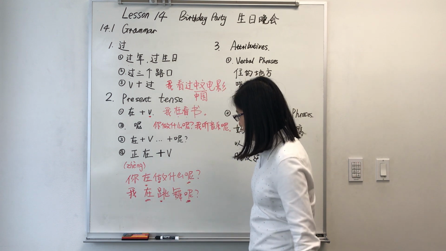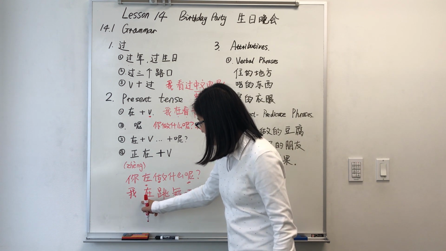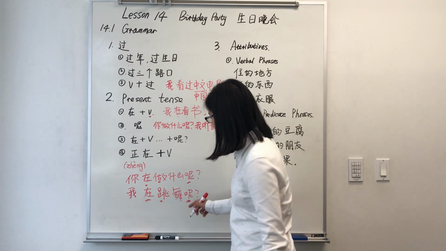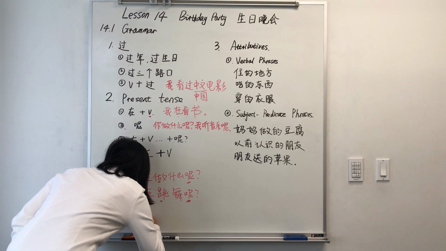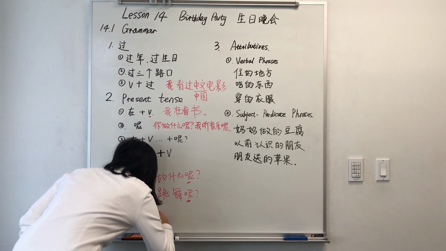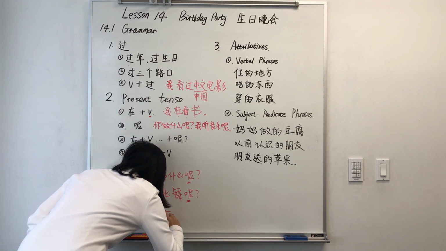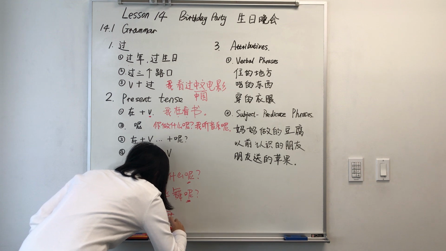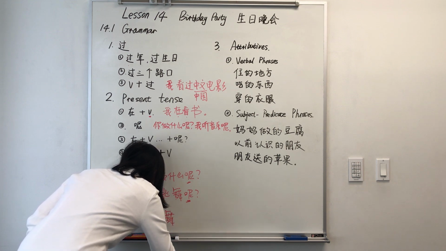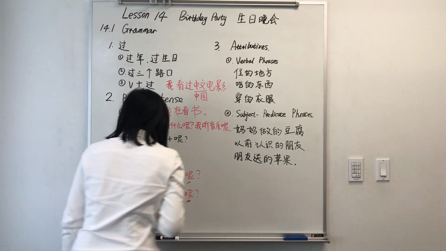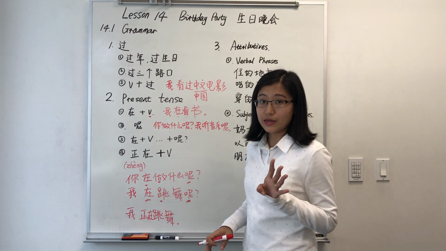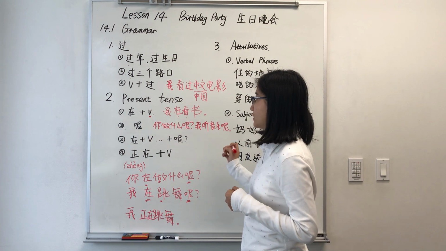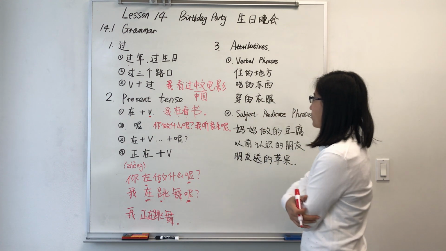For example, I can say 我正在跳舞呢 or 我正在跳舞, I'm dancing, or 我正在看电视, I'm watching TV. So these are the 4 ways that you can say the present tense, the action you're doing.